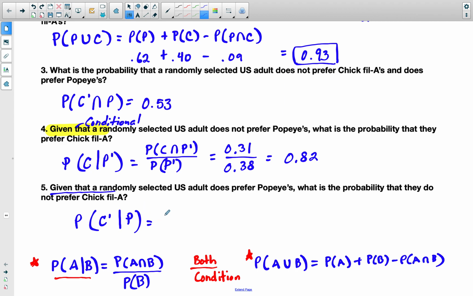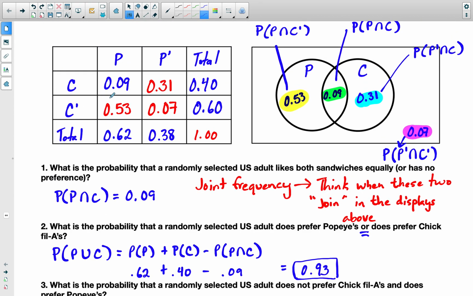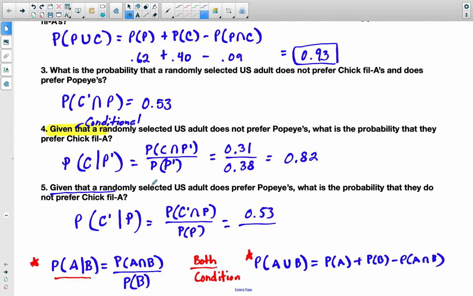So that's going to be, again, the probability they both occur, so C prime and P over the probability of P. C prime and P, I calculated that earlier, that's 53%. And P, I can pull that from my table, go to P, go to total for P, 0.62. Divide, and I've got my answer.